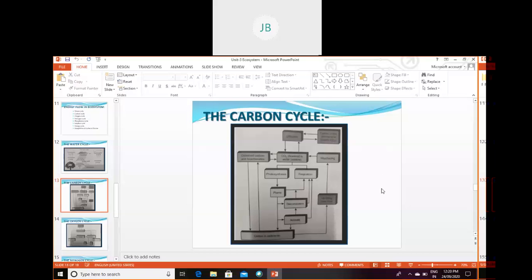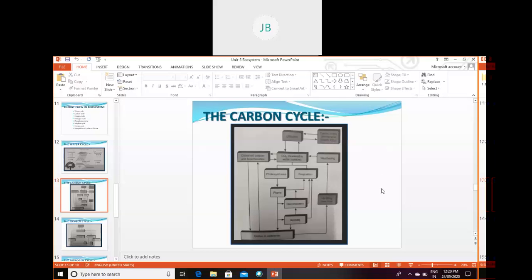Plants absorb the CO2 from the atmosphere, and that carbon dioxide, with water which is absorbed by the plant through its roots from the soil, forms carbohydrates in the presence of sunlight. That process is called photosynthesis.